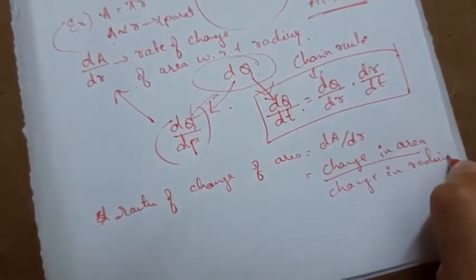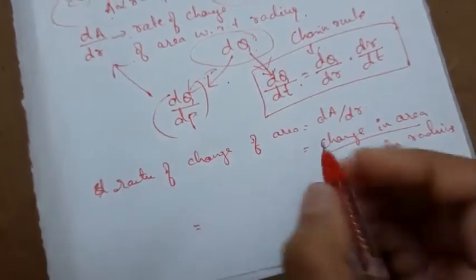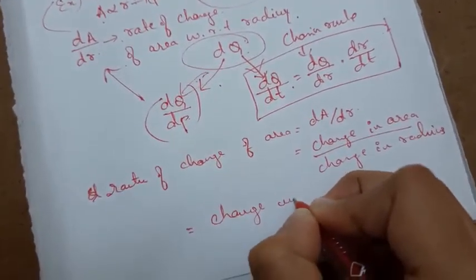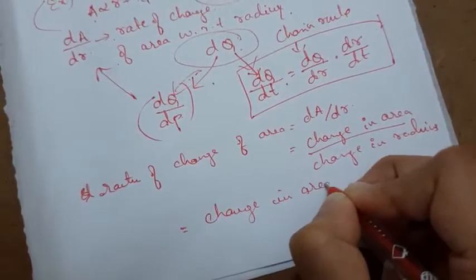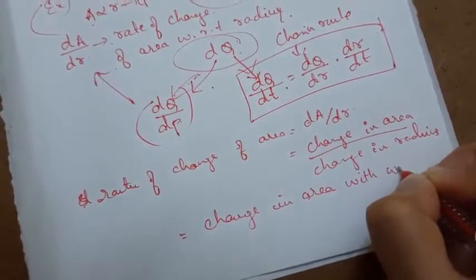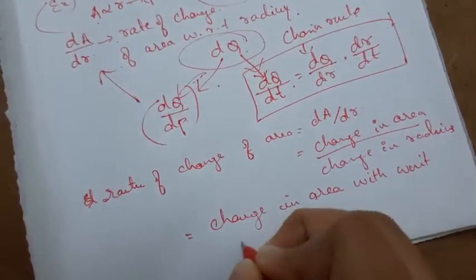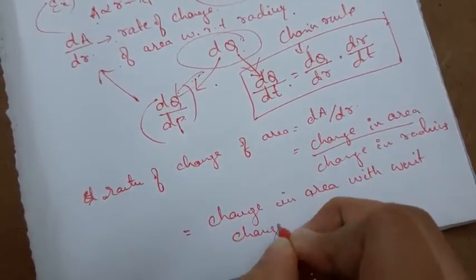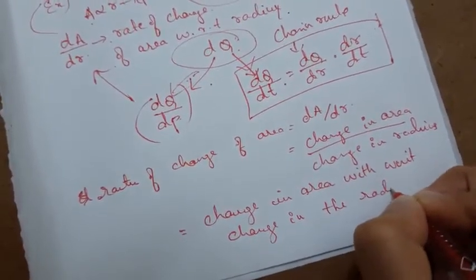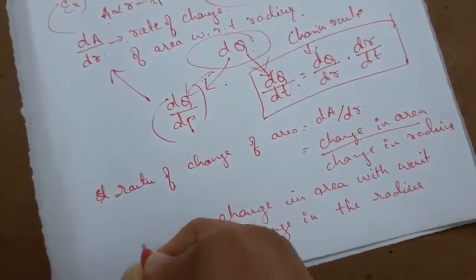So it can also be written, observe clearly, as the change in the area with unit change in the radius. That is nothing but dA by dr.